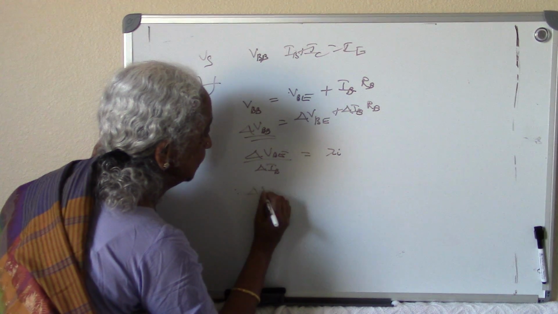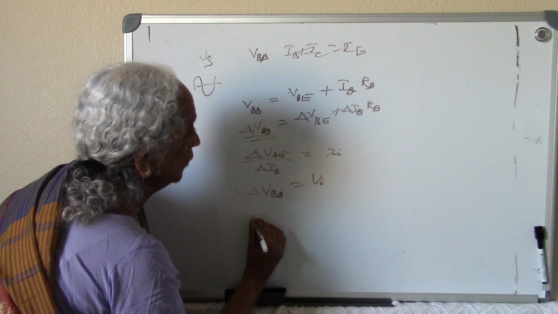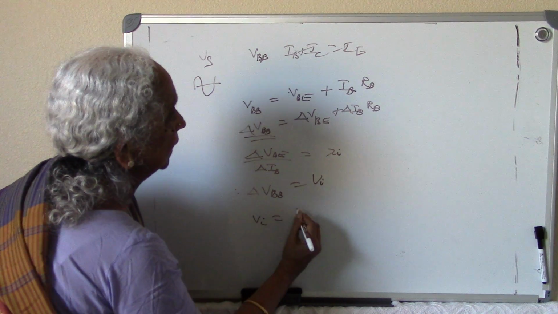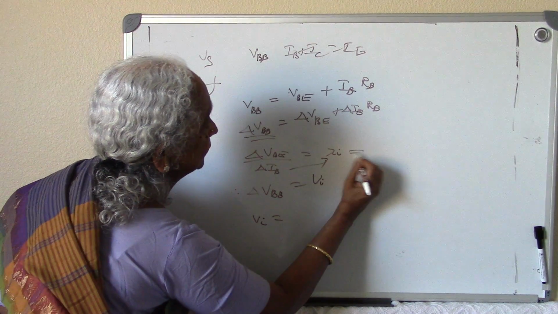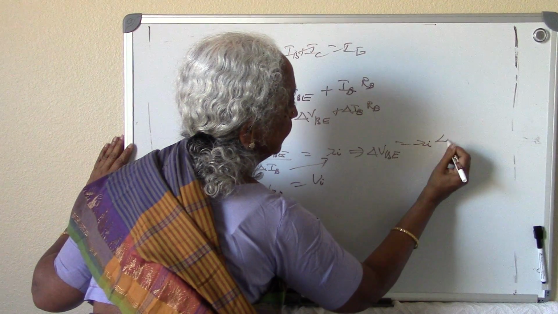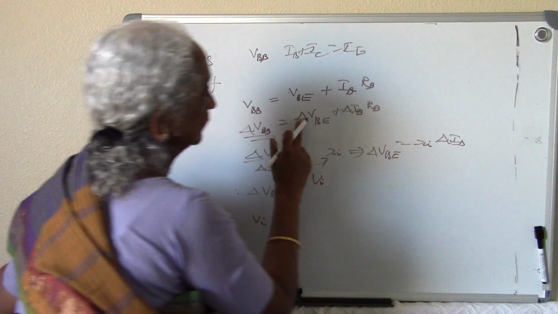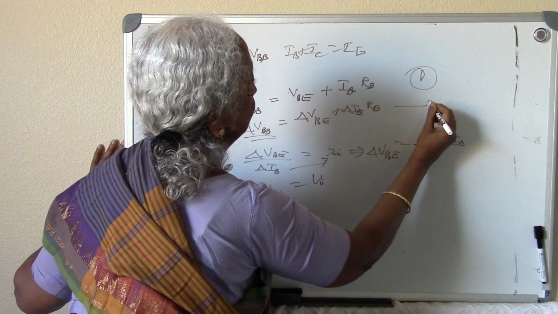Now this is your RI, therefore delta VBB can be written as VBB plus V input signal. Therefore delta VBB can be written as VI input. So VI will be equal to delta VBE, which implies delta VBE equal to RI times delta IB. This is equation 1 and this is equation 2.